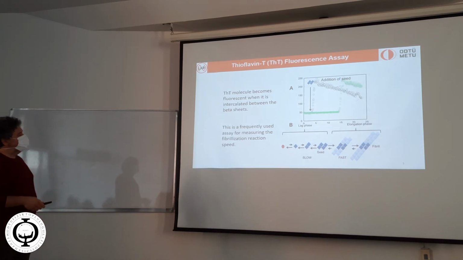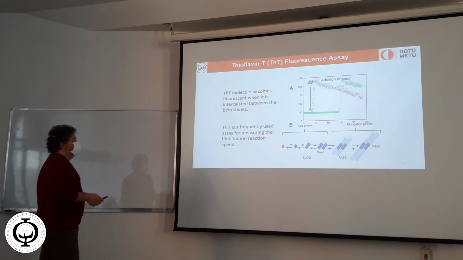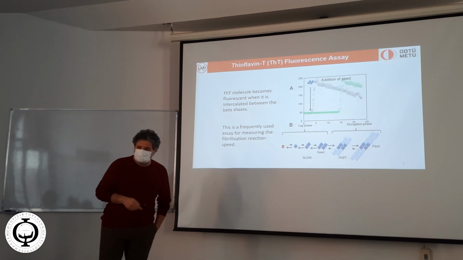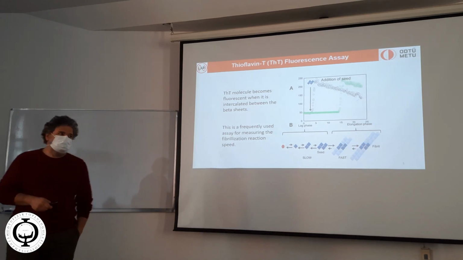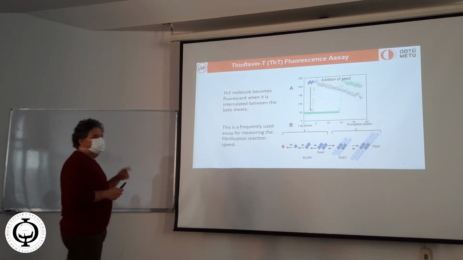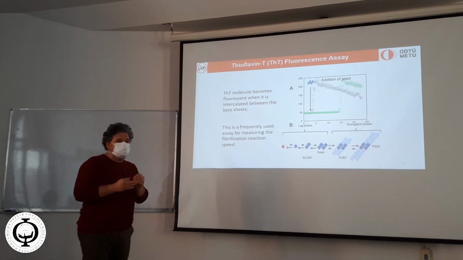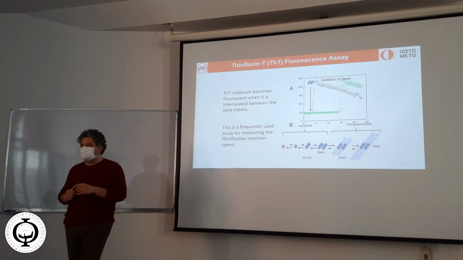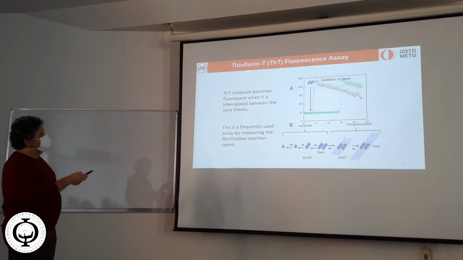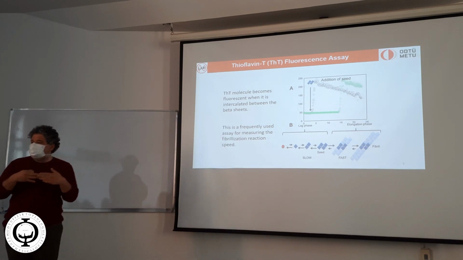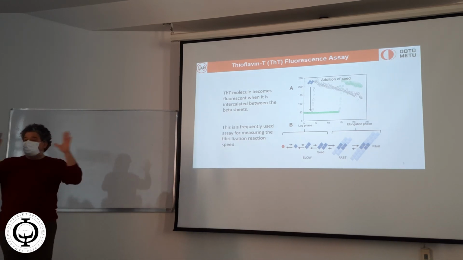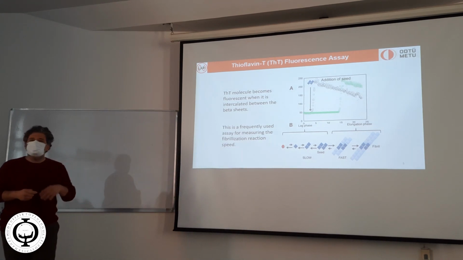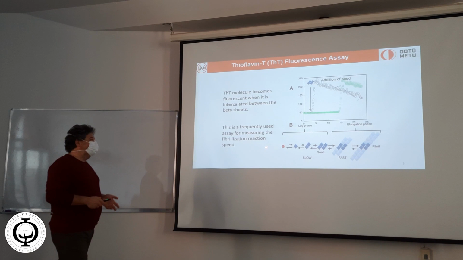So it's simply like if you add a certain molecule, in this case a thioflavin T molecule, into the cytoplasm. Now, if there are fibrils forming, so the protein is misfolding and causing fibrils and precipitating, then this molecule goes in between these beta sheets, and when it goes, it becomes fluorescent. So if you see fluorescence, you know in a kind of indirect fashion that you are forming fibrils.